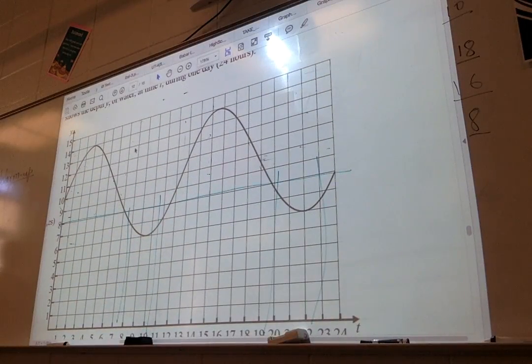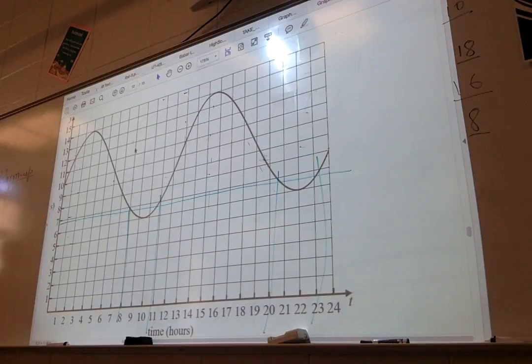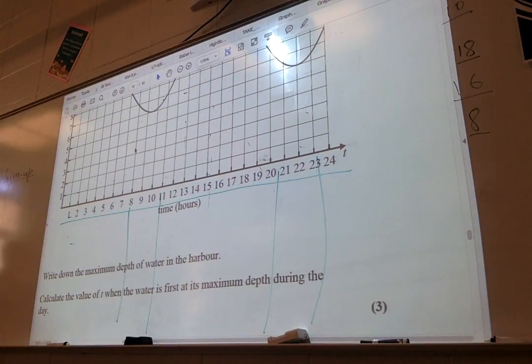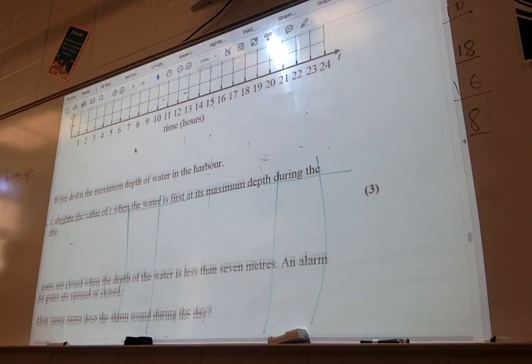So see that value from the graph and plug it in your equation. Oh, no. You don't have to. The first one is how many times, right? That is 4 times. The second one is what is the time for the first time. So just see the time.